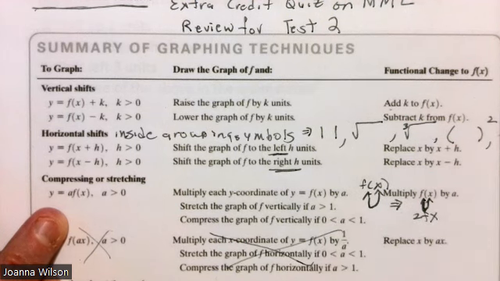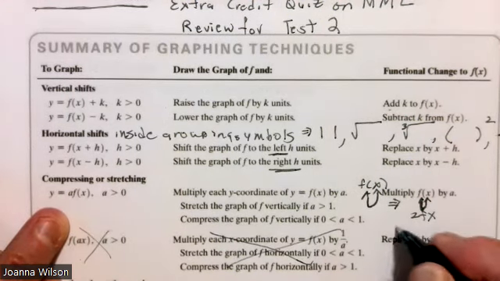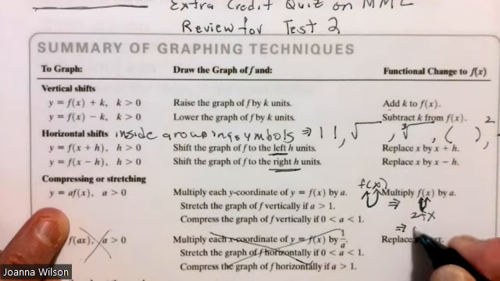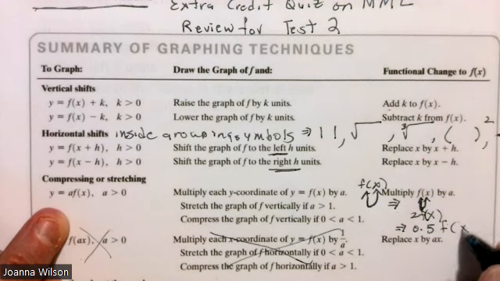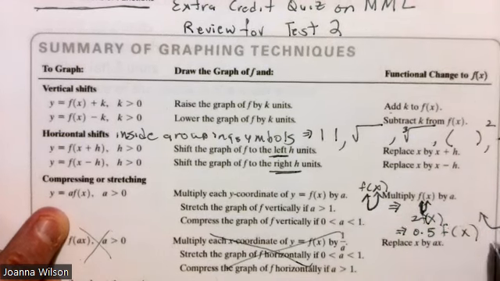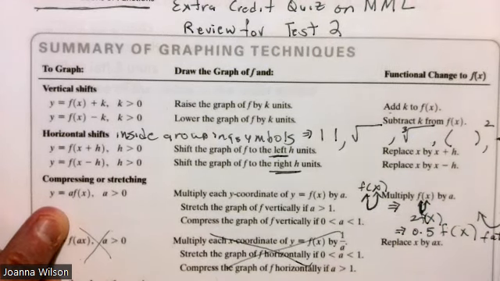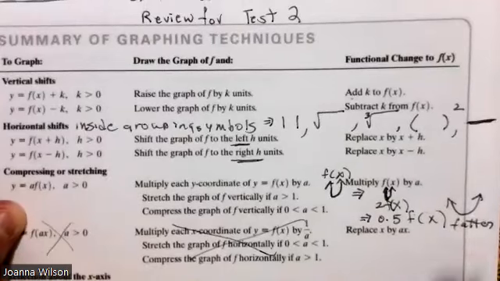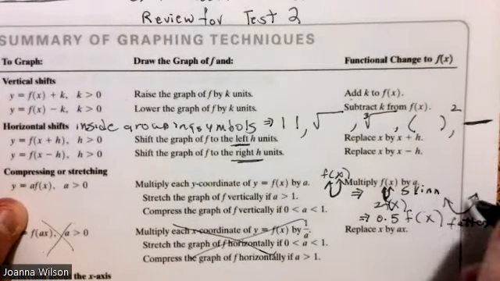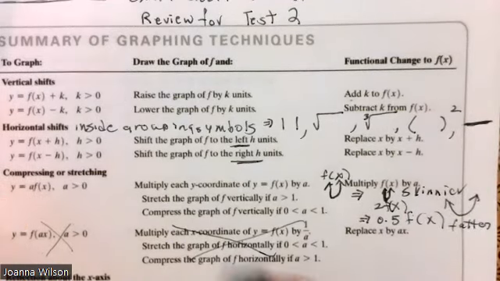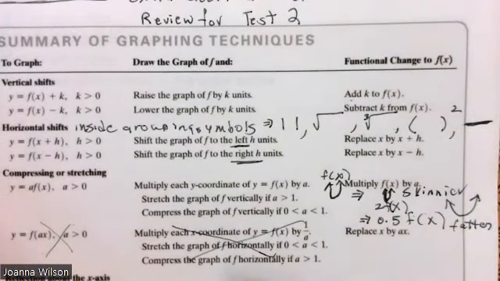And if we were to do 0.5 f of x, it's going to make it get fatter. And then this one's getting skinnier. Now, that's when a is positive.